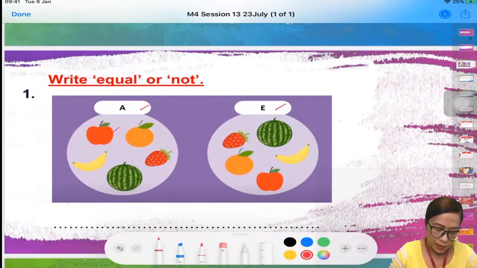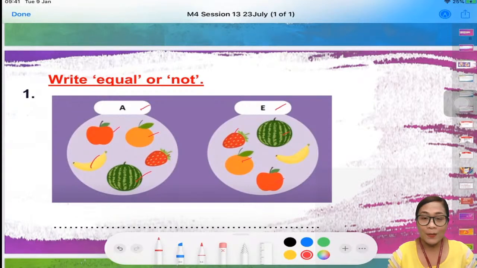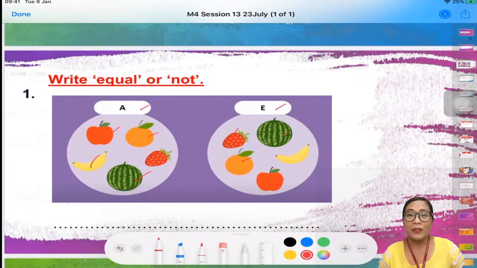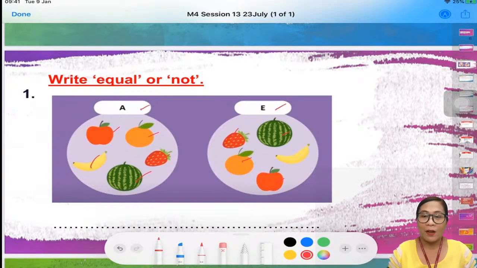On B, you also have the apple. You have orange, strawberry, watermelon, and banana. So these are the fruits that you can find in the diagram on your screen.